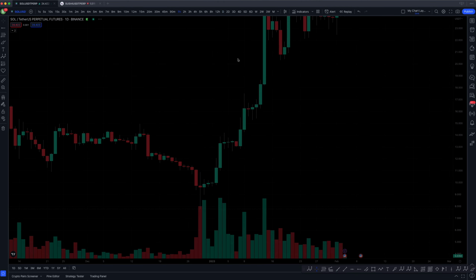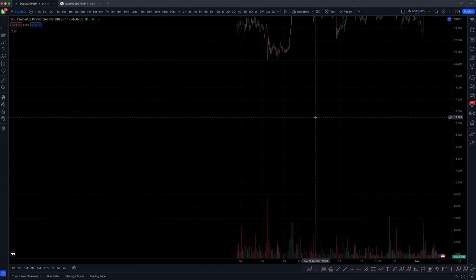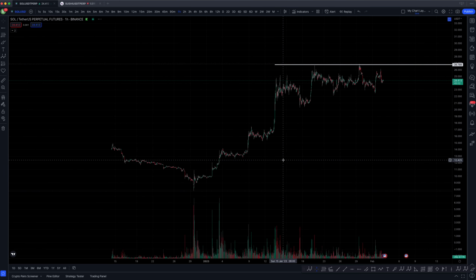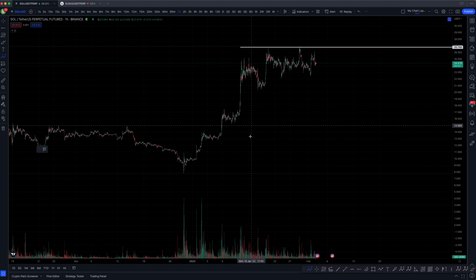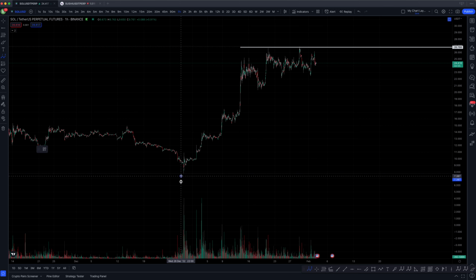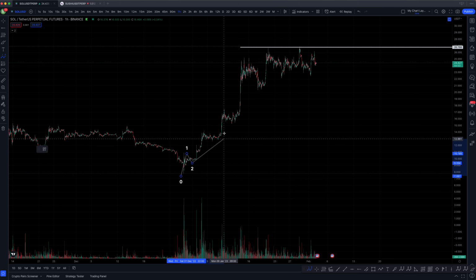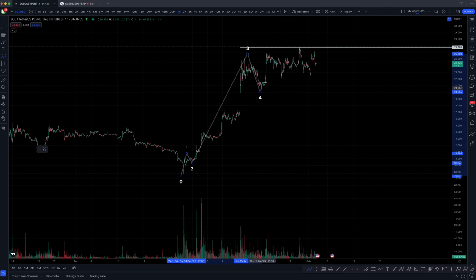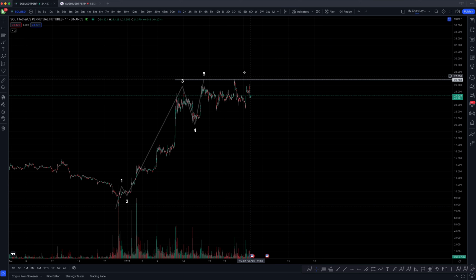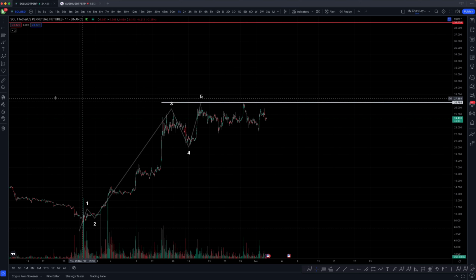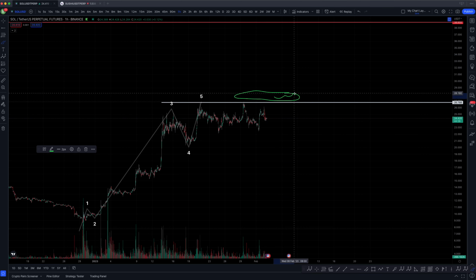And if we go into the structure, what I see here is 1 2, 1 2 3 4 5, 3, 4 and 5, A B C, whatever they are doing there, I don't care. But what I will do is that if they break up in this area, I will try to look for a long entry.